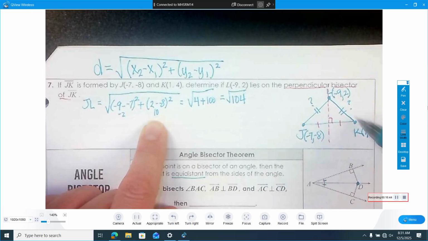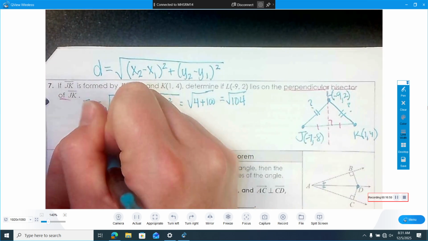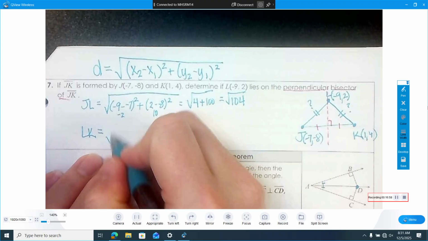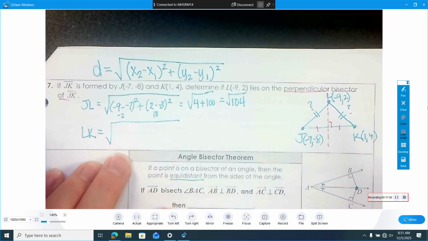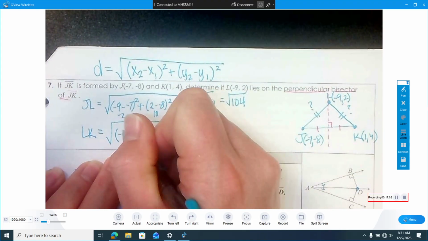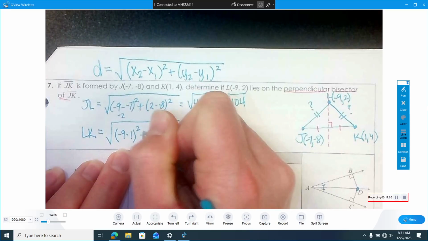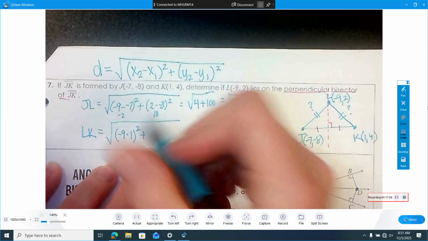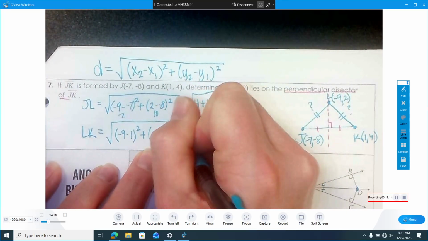And I want to compare that to this other segment, LK. We want to know, are they equidistant? And if they're equidistant, if they're the same length, then we're on a perpendicular bisector. So again, using L and K, I have negative 9 minus 1, quantity squared, plus 2 minus 4, quantity squared.